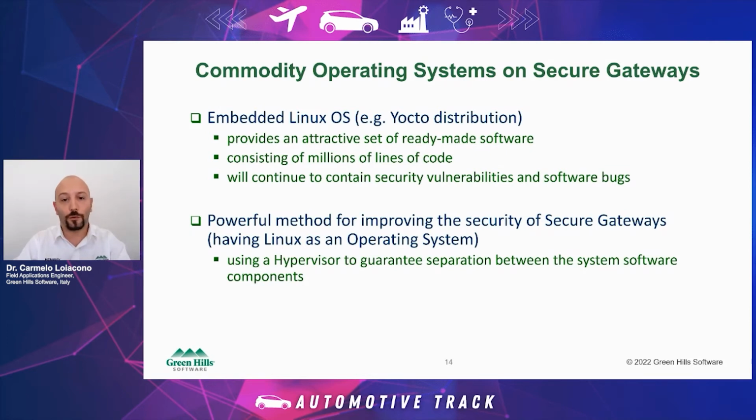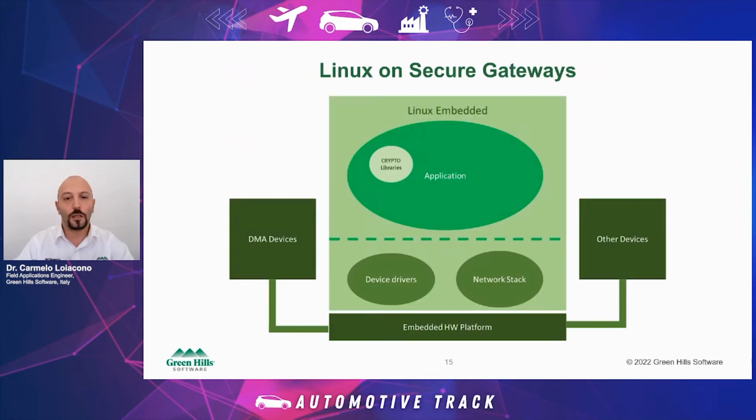But there is a powerful method for improving this kind of secure gateway that uses Linux: using a separation microkernel, which, as we will see later, acts as a hypervisor. This is the scenario. We have Linux running natively on the secure gateway, and you can see that Linux is managing the crypto libraries directly.